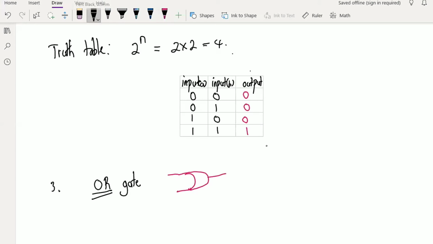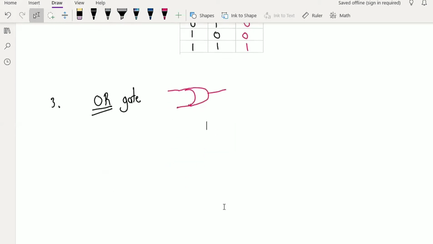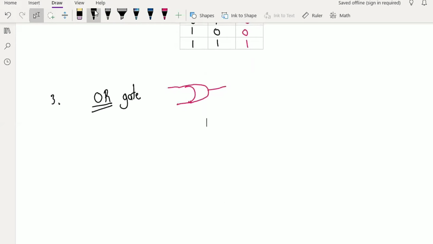All right, so just like how we did for the others, we are going to make a truth table for this. Let me copy the table. Let me put it here.